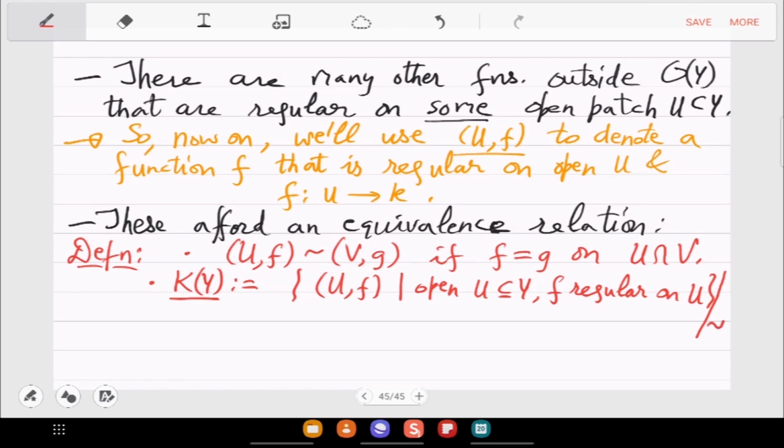So you look at all the functions essentially with their domain where they are defined, with the understanding that there is a notion of equality amongst them. This K_Y is called the function field of Y.